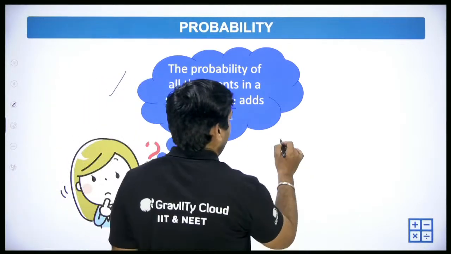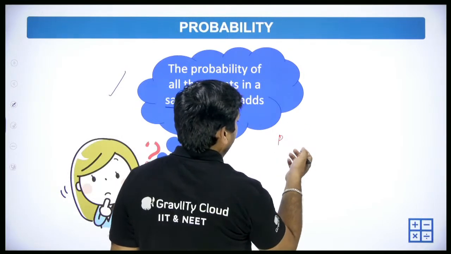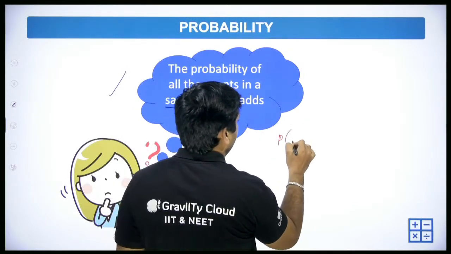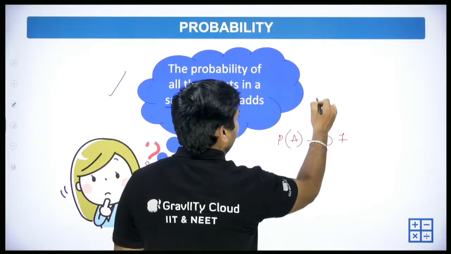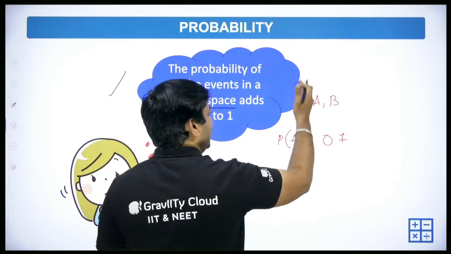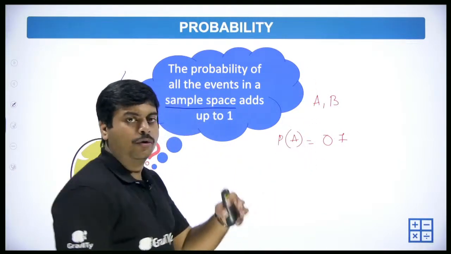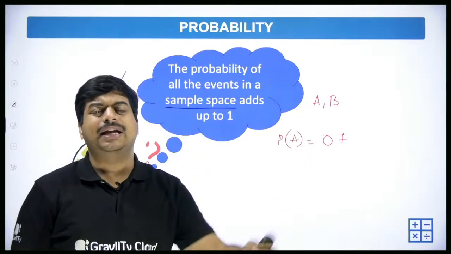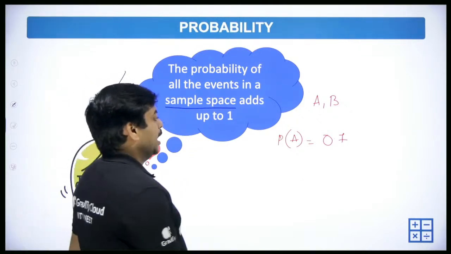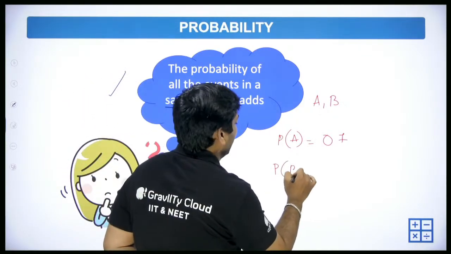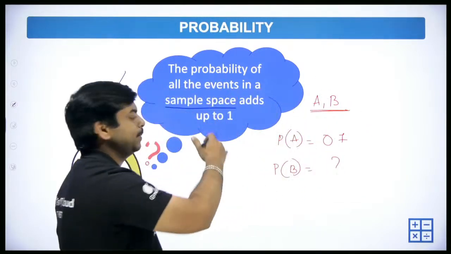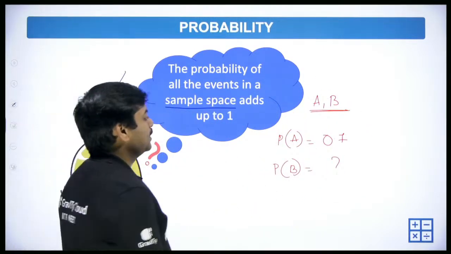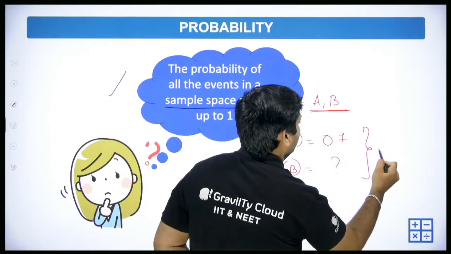Let's say the probability of A is 0.7, and A, B are the events. If not A, then B. If not B, then A. There are two outcomes here, like head and tail. If I want to find the probability of B without any other information, but I know that these two are events in the same space, then these two should add up to 1.